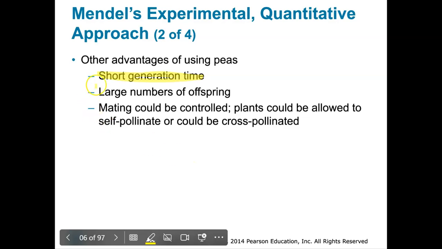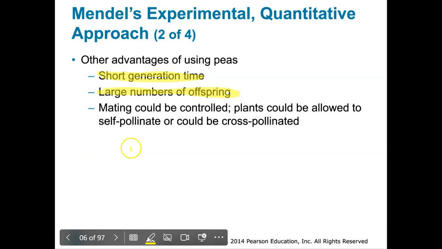It's a short time before the seeds are produced, and then the seeds are planted and germinate and grow into new plants, and we can record the traits of the offspring. So a short generation time means it doesn't take long to produce new offspring garden pea plants. And you're not going to just get one or two offspring. You're going to get large numbers, hundreds and thousands at a time.